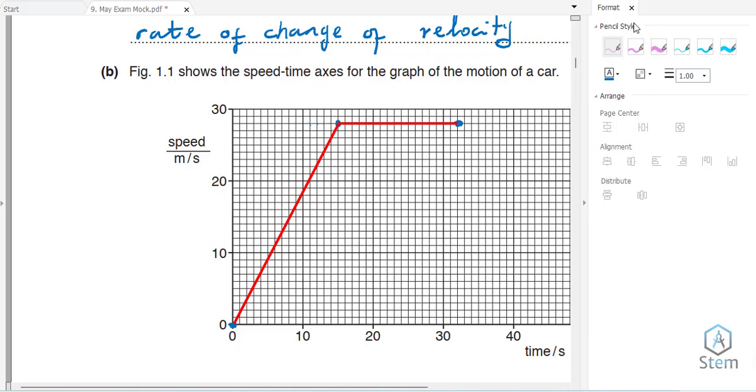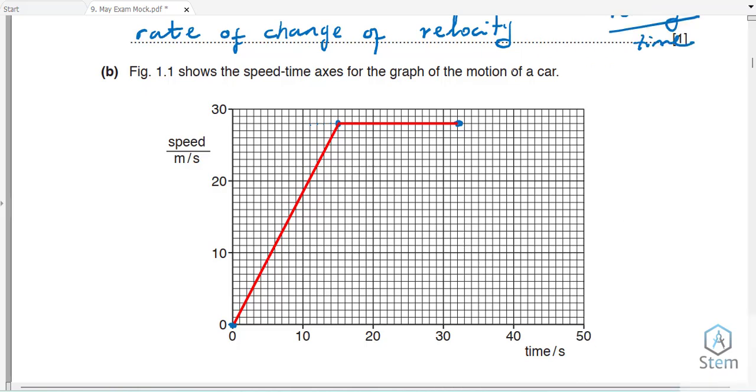So these are the first 2 stages of the journey. Constant acceleration is indicated by a straight line, and constant speed is again indicated by a straight line over here.